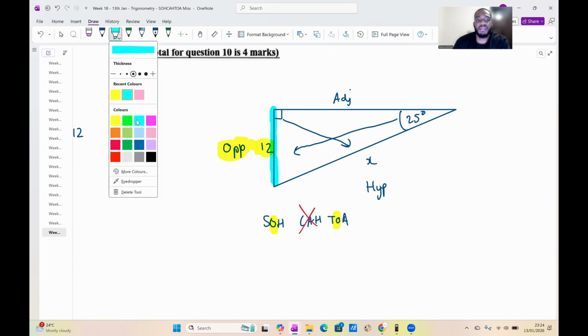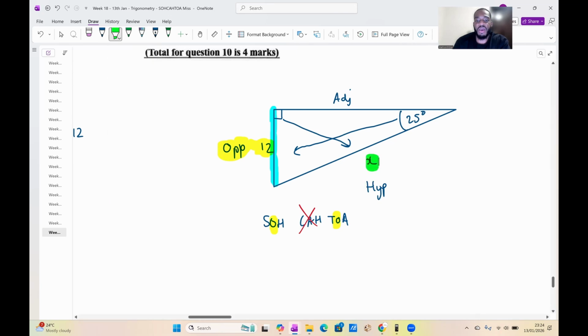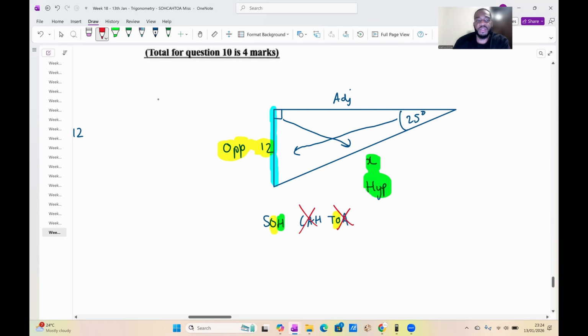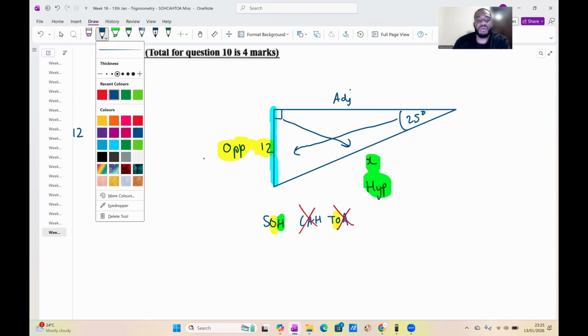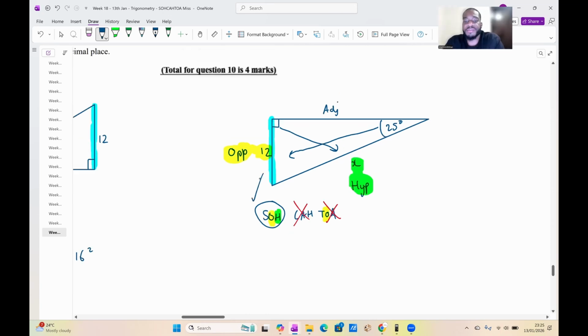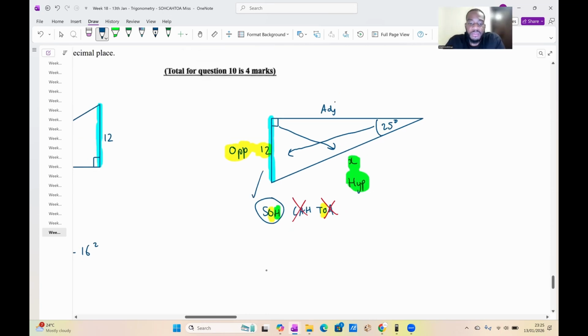Well, we want to find x, which is the hypotenuse. So which one has an O as well as an H? It's this one. So we can cross out this one here. So it's going to be SO. Is everybody happy with that? Yeah, brilliant.